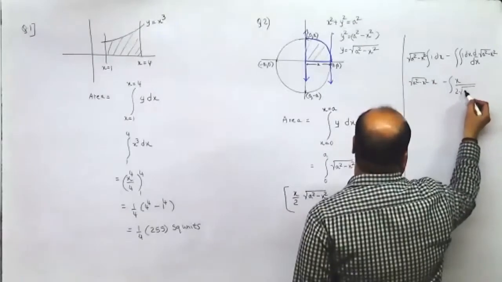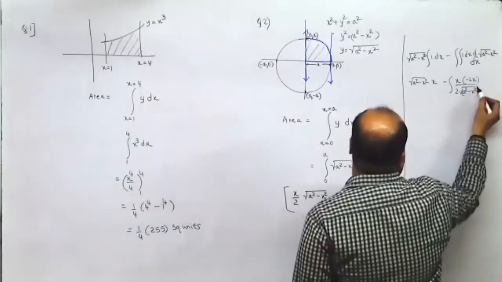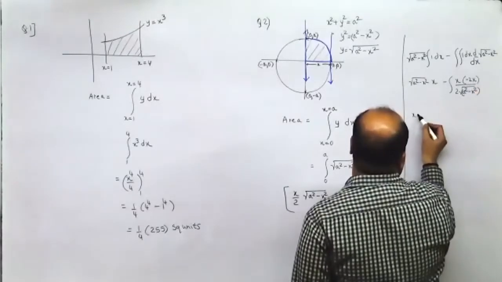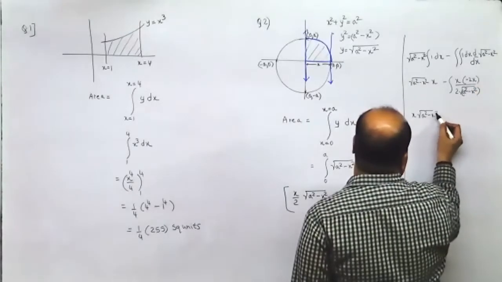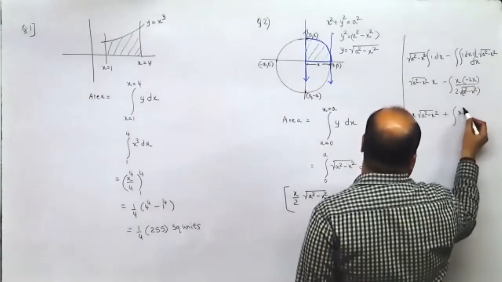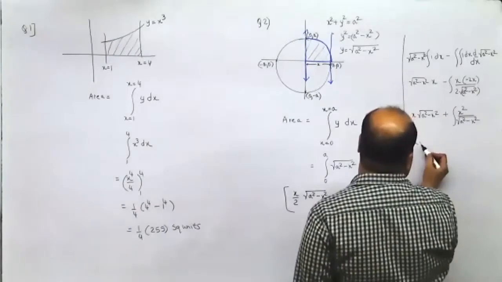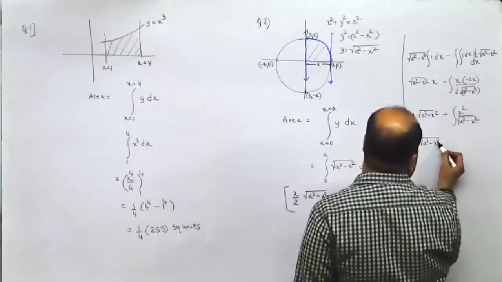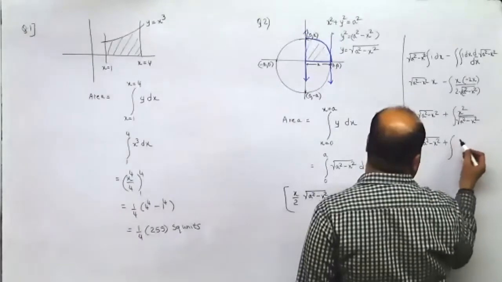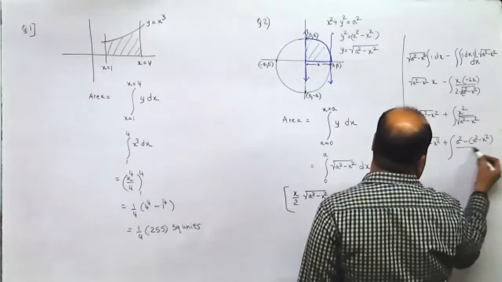This is 2 root a square minus x square, this would be minus 2x. So this would be x into root a square minus x square, plus x square upon root a square minus x square. To make it, this would be a square minus x square, this would be a square minus a square minus x square.